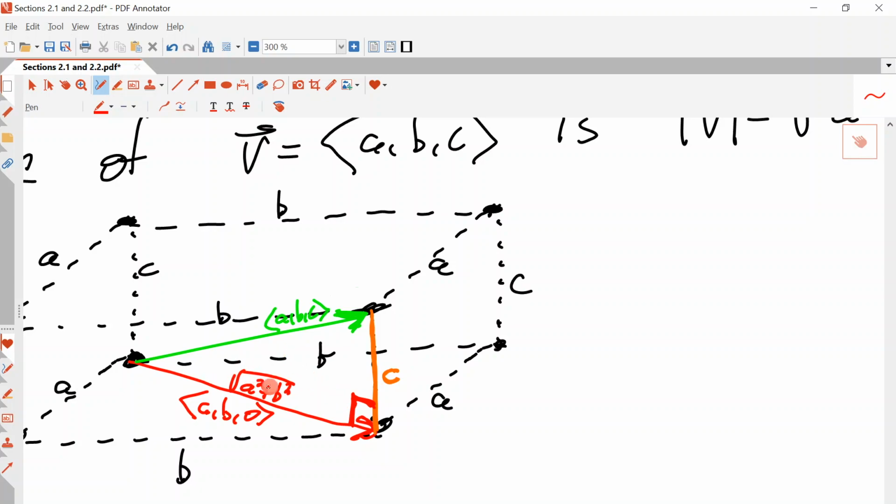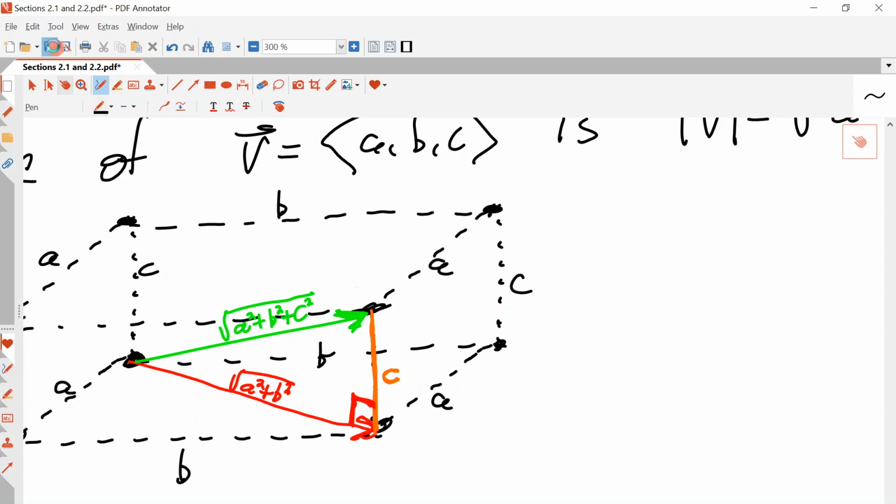So the length of this side is the square root of the square of this plus the square of that. So c squared plus a squared plus b squared, square root. So the length of this side here is the square root of a squared plus b squared plus c squared.